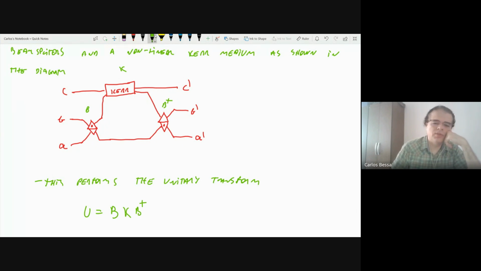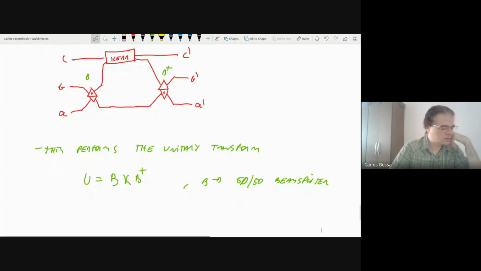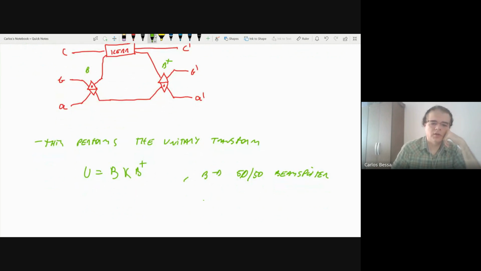B is for a 50-50 beam splitter, and K is for the cross-phase modulation, the Hamiltonian that we defined in the beginning.